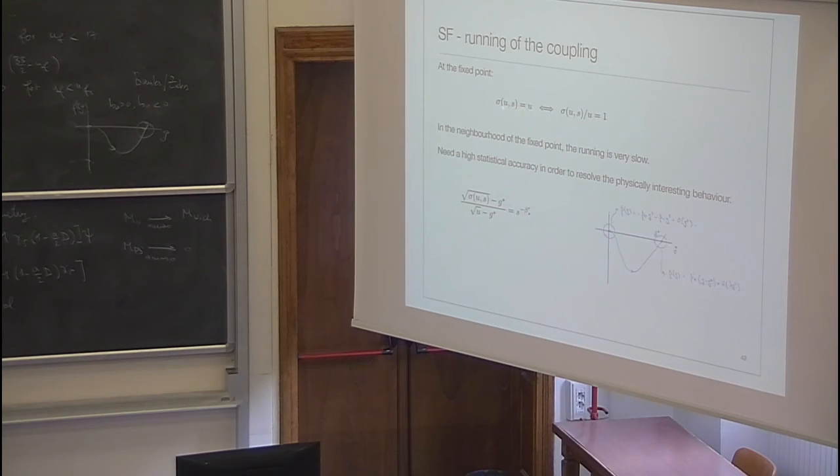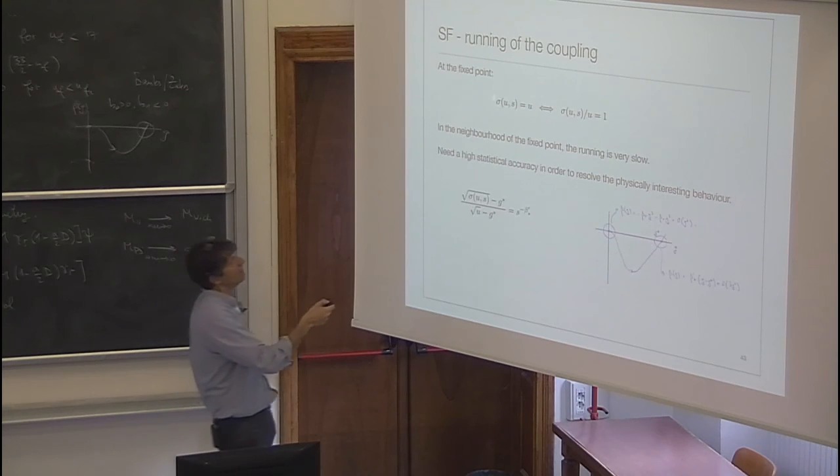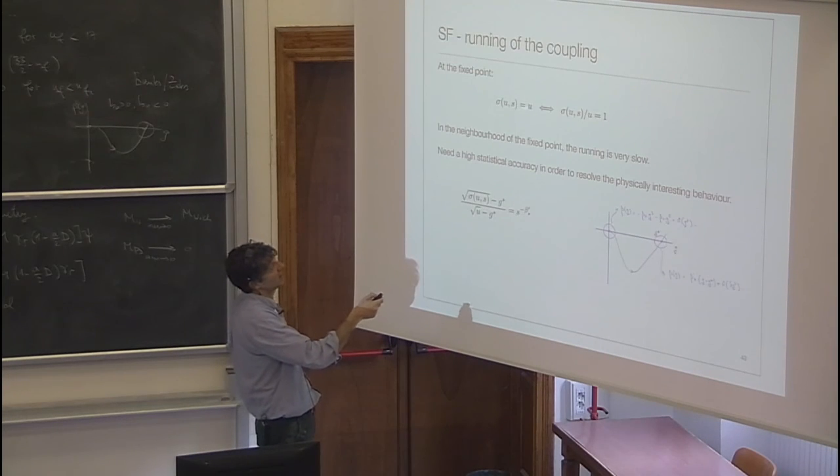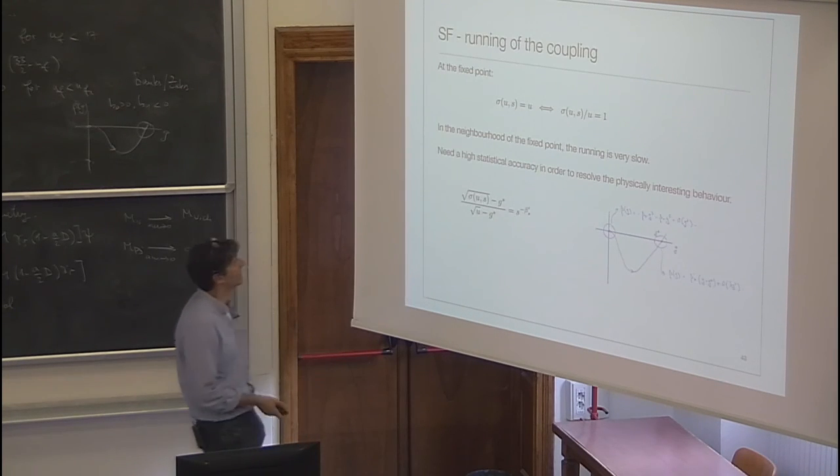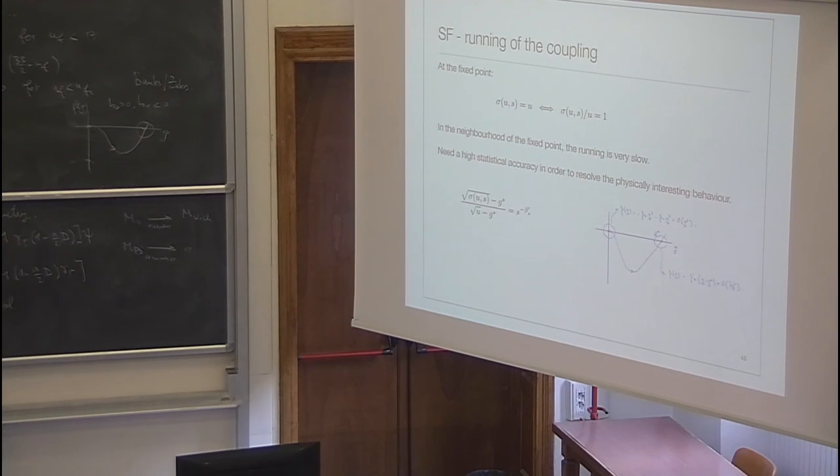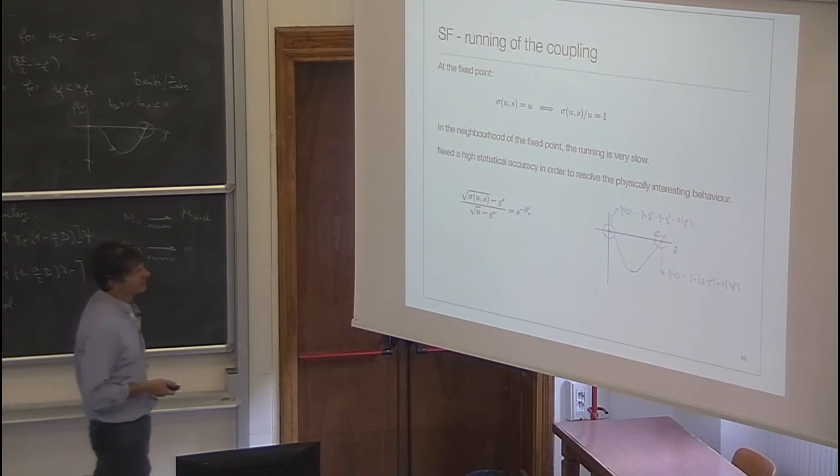If you have a fixed point, you expect the step scaling function to give you sigma of u equal to u. If the theory has got to a fixed point, the coupling is no longer running, so the coupling at different scales is exactly the same, which means that this ratio is simply equal to 1. So far, so good.